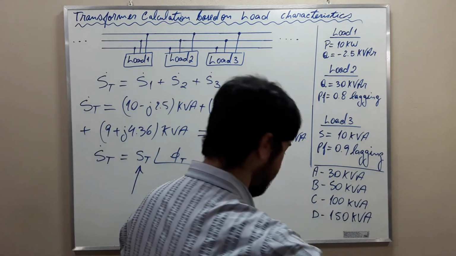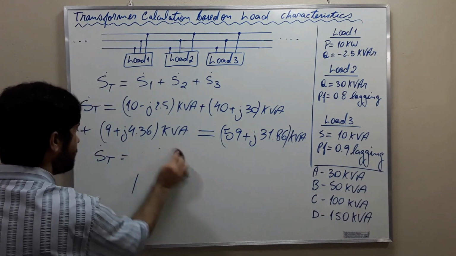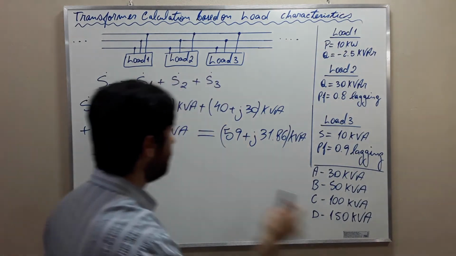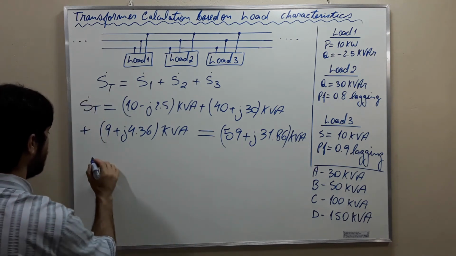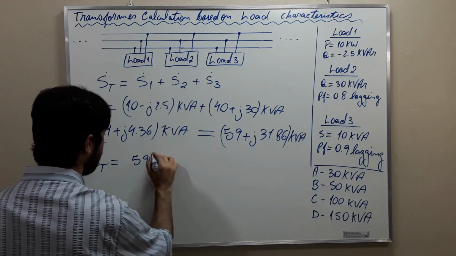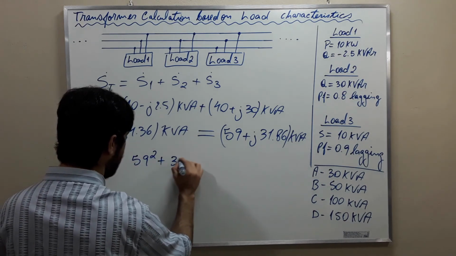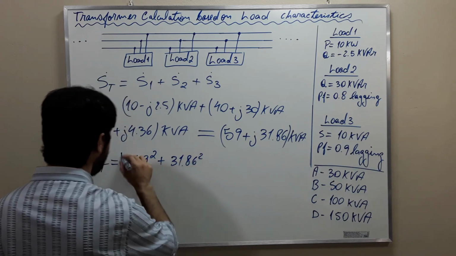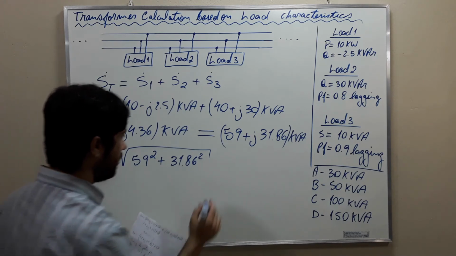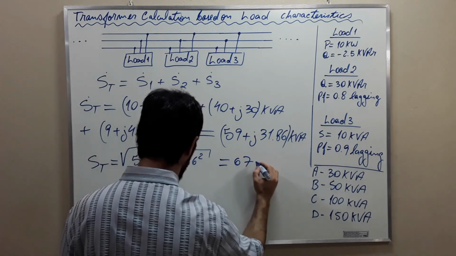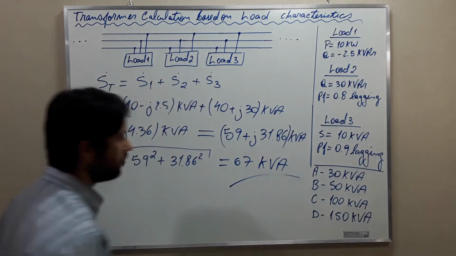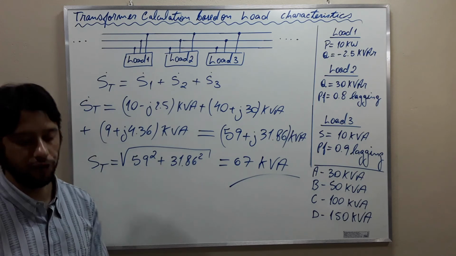All right, we are going to simply conduct this. ST, the apparent power, is going to be equal to 59 squared plus 31.86 squared, and we are going to take the square root of it all and find 67 kVA. Okay, this is our final result.